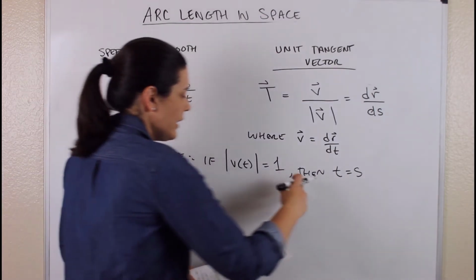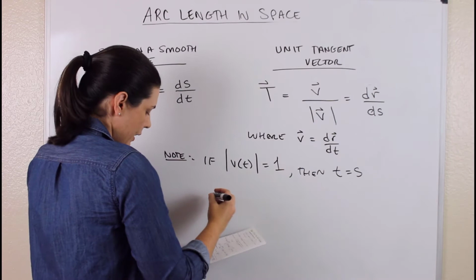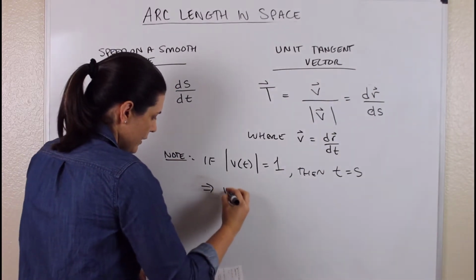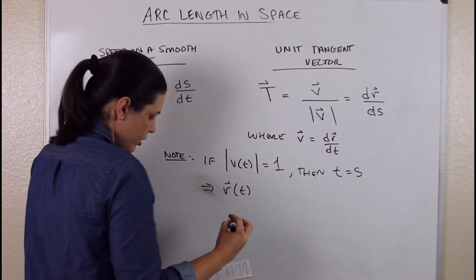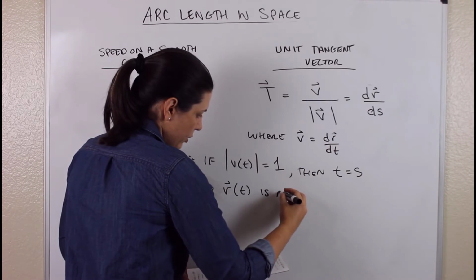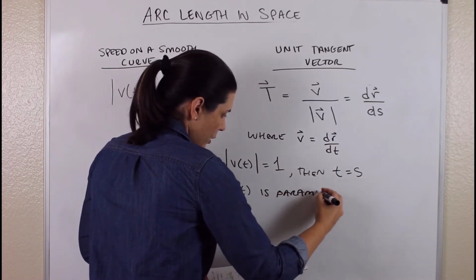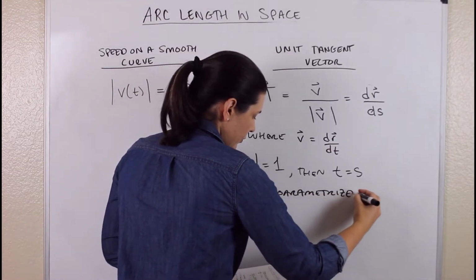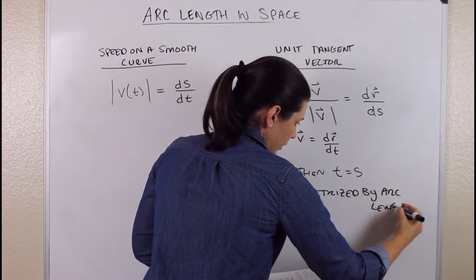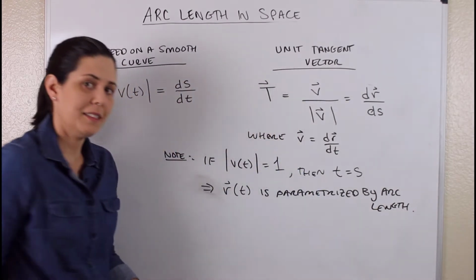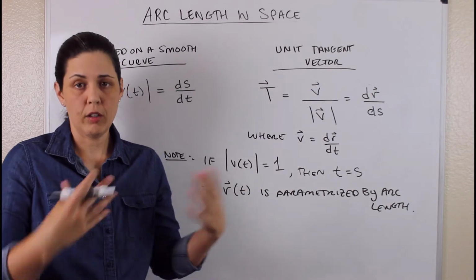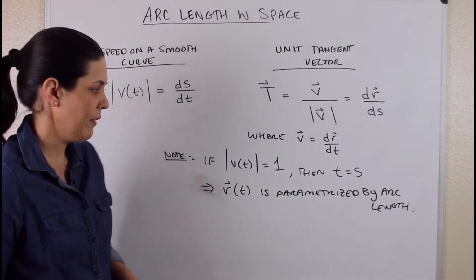Okay, so then t equals s, and what that implies is that your position function, r of t, is already parametrized by arc length. Even if it looks like it says t, if you find out that this is 1, then t and arc length are lining up, they're the same value.